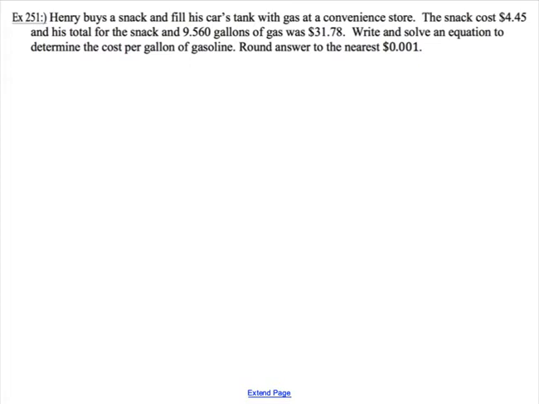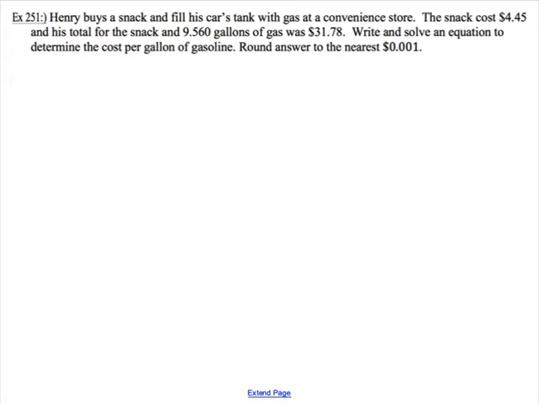Henry buys a snack and fills his car's tank with gas at a convenience store. The snack cost $4.45, and his total for the snack and 9.560 gallons of gasoline was $31.78.